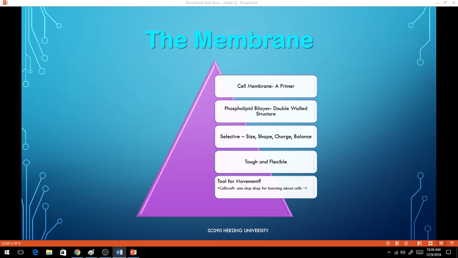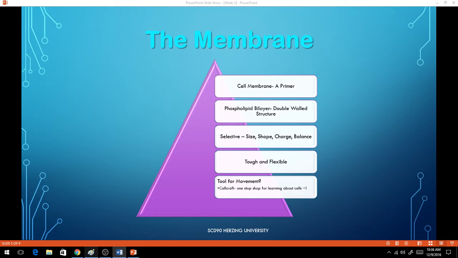And it is selective. It isn't random. The membrane has specialized ports and openings to allow passage of approved or desirable items into and out of the cell. The cell membrane is both tough and flexible and can even provide for a cell's movement. You want to pay particular attention to this in cellcraft.